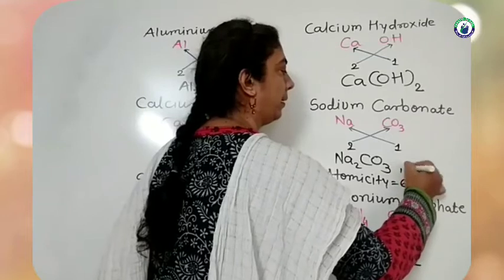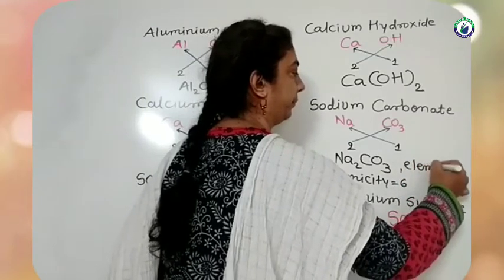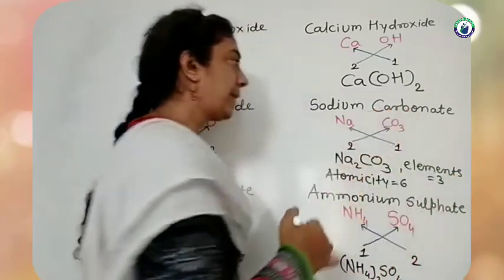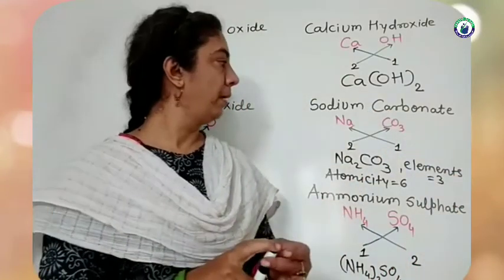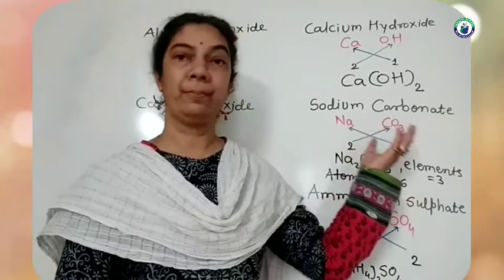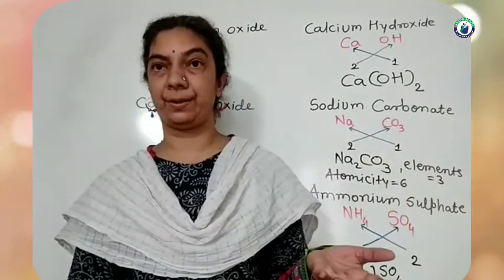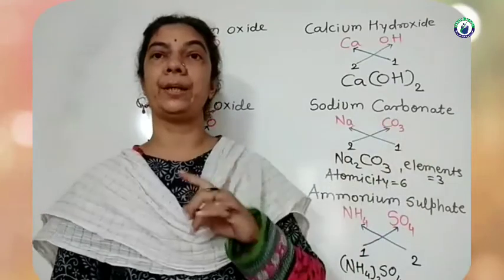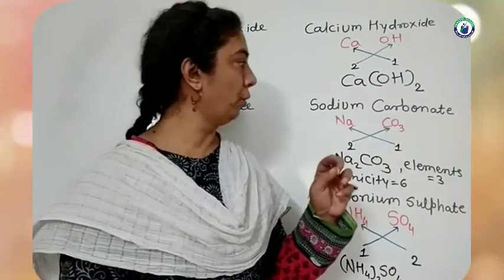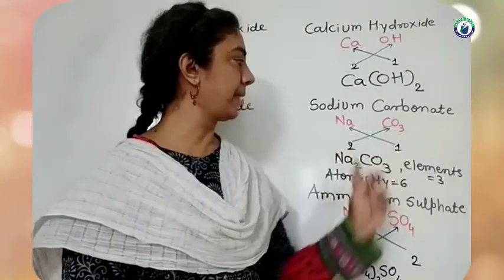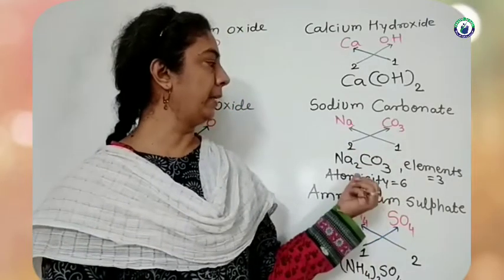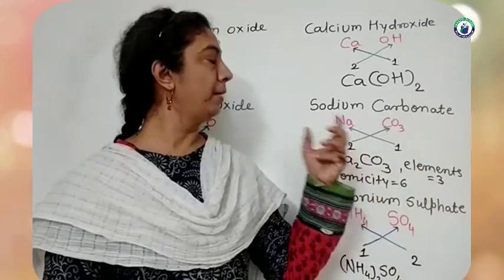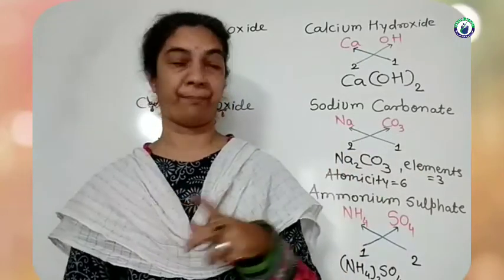Elements 3. Then the valencies of those elements or polyatomic ions, as we have monoatomic as well as polyatomic ions. So by crisscross we get the atomicity, the elements and the electric charges.